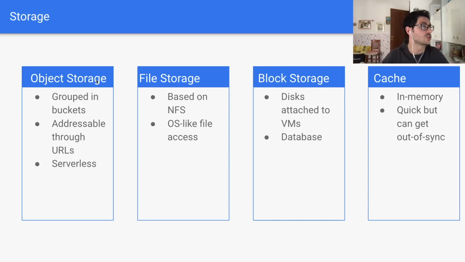So possible storage resources are, first of all, object storage. What does it mean? It means that you are storing objects, which most of the time will be files, and these objects are addressable through URLs. If you are already familiar with cloud storage, as we will see in a few minutes, you probably already understood.